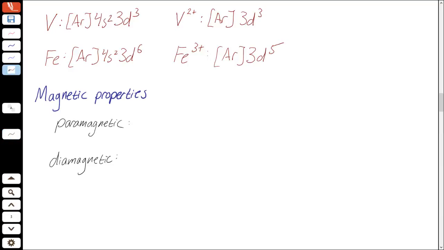So a paramagnetic compound or element has unpaired electrons and is attracted to a magnetic field. And diamagnetic, as you'd expect, is the opposite.